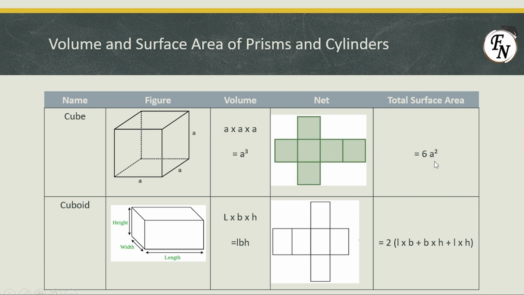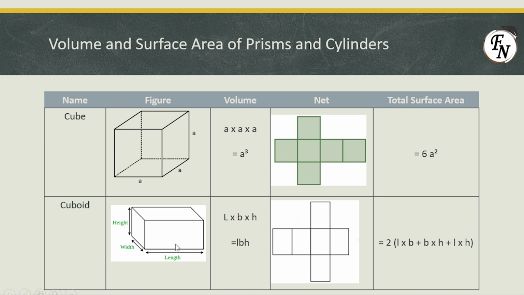But when I talk about cuboid, it has all 3 different dimensions, or maybe 2 same and 1 different dimension. But in order to calculate the volume, I will use the formula length multiplied by breadth multiplied by height. All the 3 dimensions multiplied with each other to obtain the volume. I have opened up this cuboid as well.